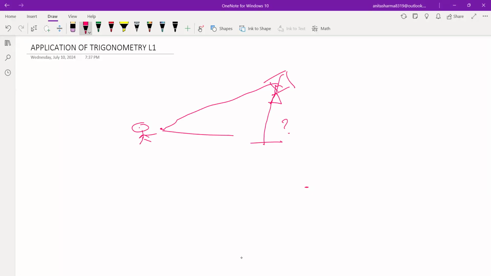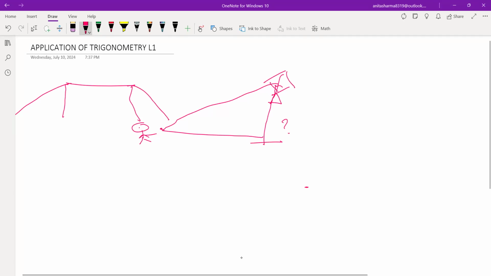In this chapter, we will learn this. And you have seen the flyovers, right? Flyovers are always like this only. So at which angle they should be inclined? This angle. So this we will learn in this chapter.